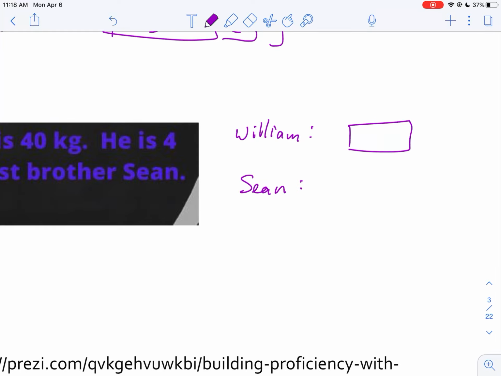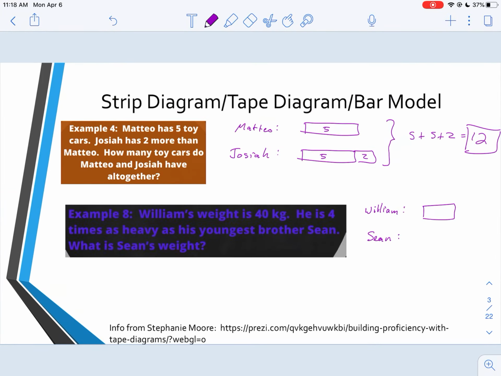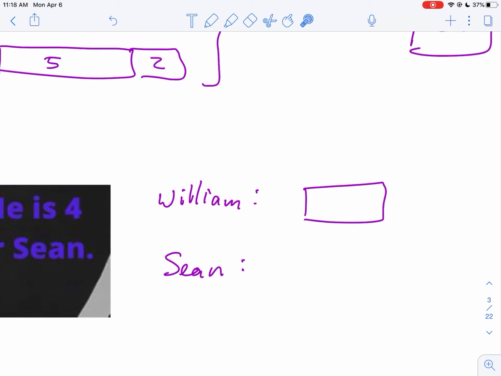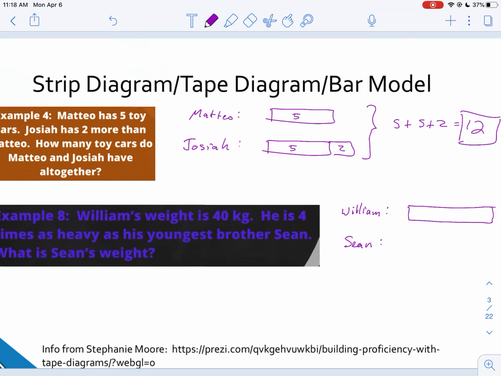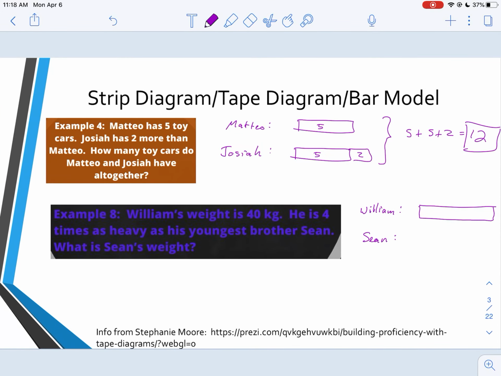Now, one thing you'll find as you start to make these, rather than just starting with a little picture, it's sometimes better to read the problem and think it through. Since William's 4 times as heavy as his youngest brother, Sean, we probably should start out with Sean's box being bigger. Because otherwise, when I go to find Sean's, I don't have quite as much to work with.